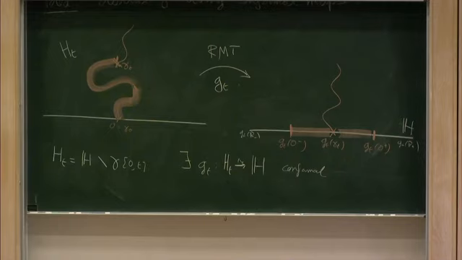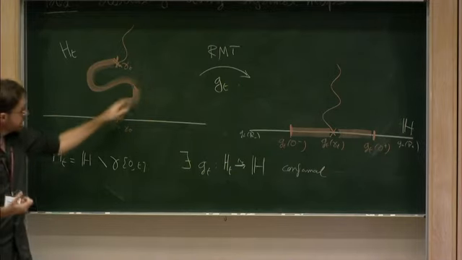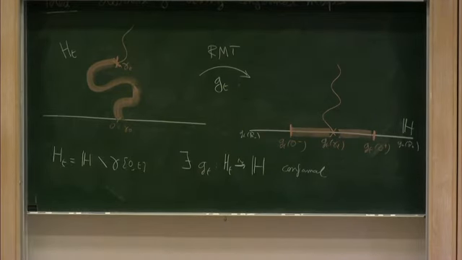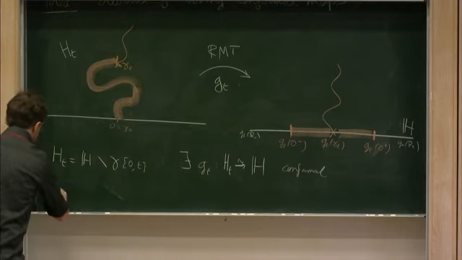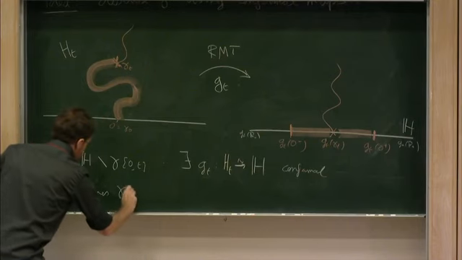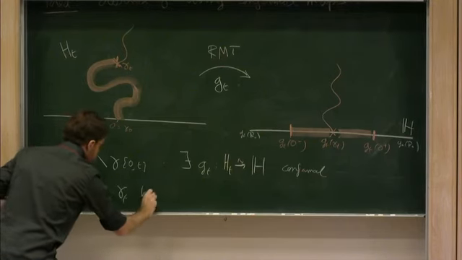So the whole geometry of gamma as a simple curve is contained in this map gt. So it's like a bijection between a set of simple curves and a set of conformal maps. So gt minus 1 gives gamma t back.